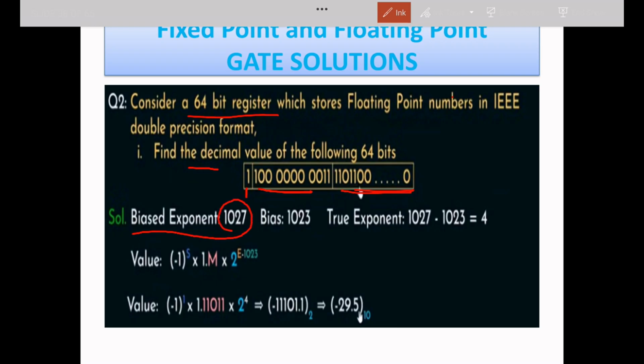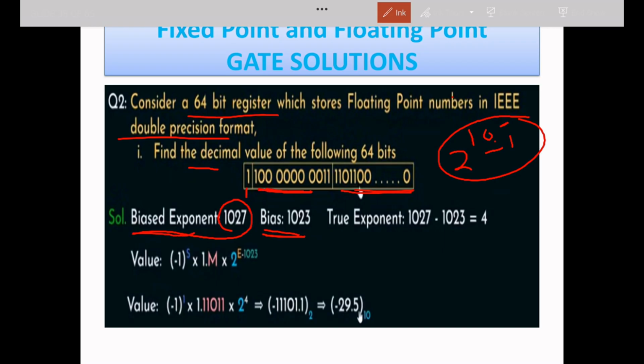If you know the double precision format, the bias is equal to 1023. 1023 means 2 to the power 10 minus 1. 2 to the power 10 is equal to 1024, minus 1, so 1023. This is the double precision bias.